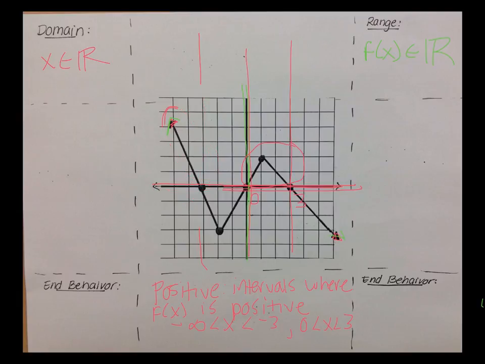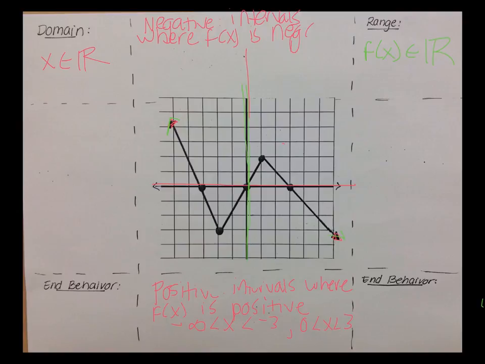So let's clear off some space here. Okay, and then the next word that we're going to write is negative. These are the intervals where f of x is negative.